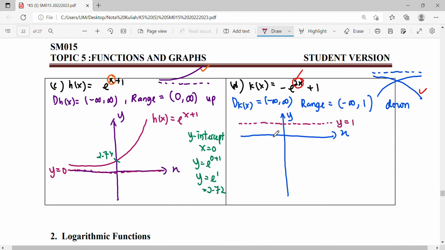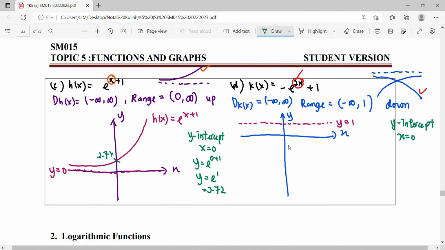And then your graph will go parallel, then go down to the right hand side. When we go down to the right hand side, we have to be careful whether it intercepts at positive, 0, or negative. So before we draw it, we identify it by calculation. We find out your y-intercept.